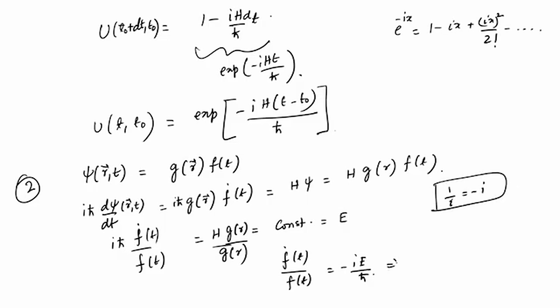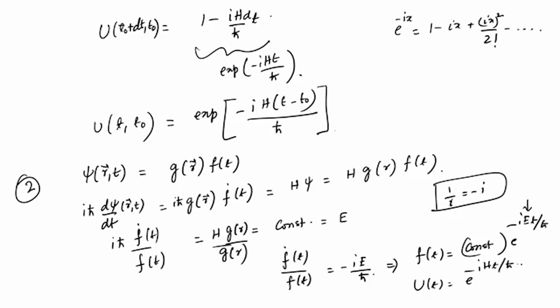So, that tells you that f of t is nothing but a constant times e to the power minus i E t by h cross, and if you are really looking for an operator, then this E is just the eigenvalue of some operator which we know as H. So, the operator that comes out, U of t, is nothing but exponential minus i H t by h cross.